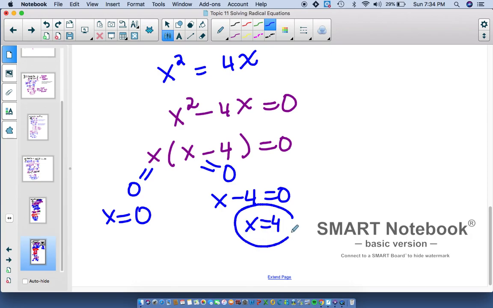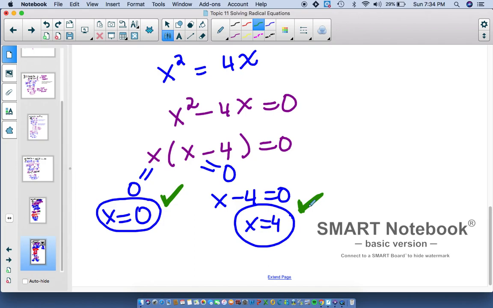So the two answers I get are x equals 0 and x equals 4. So I would go back, plug these in, and make sure they work. The work I have shows me that these two are both good. They're both solutions that work. They are not extraneous solutions.